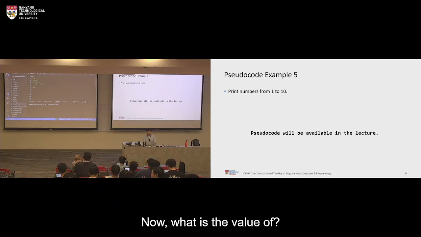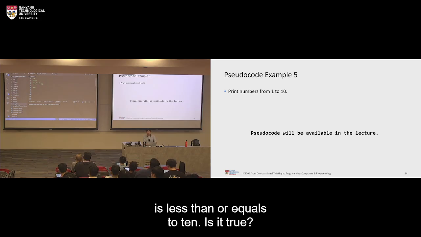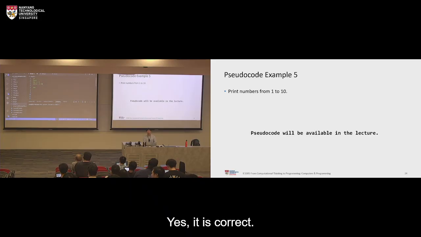So now, what is the value of I? I is 1. 1 is less than or equal to 10. Is it true? Yes, it is correct. Then you will run this part: Output I. And then next, I equals I plus 1.